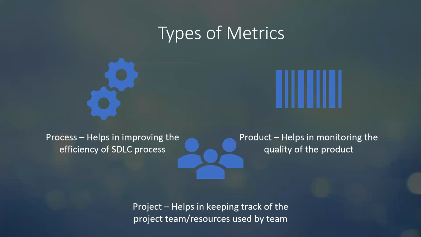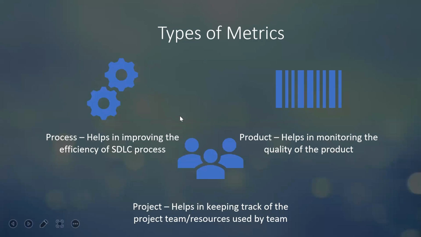In a project we test, we create test cases, we execute the test cases, we raise defects and so on. That activity falls under project metrics. If they ask you what are the types of metrics, you should say process, product and project metrics are there in the software field.